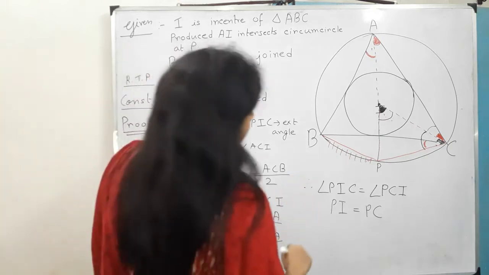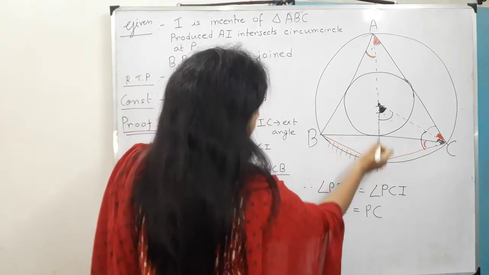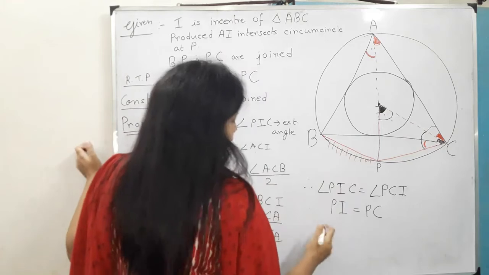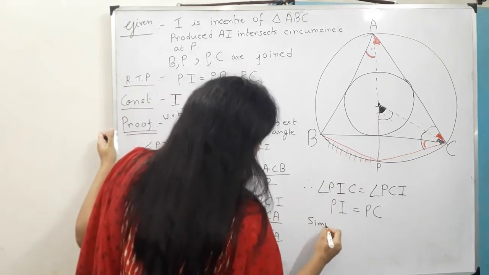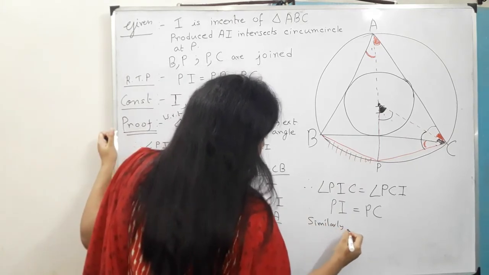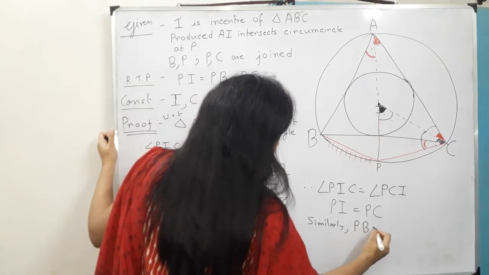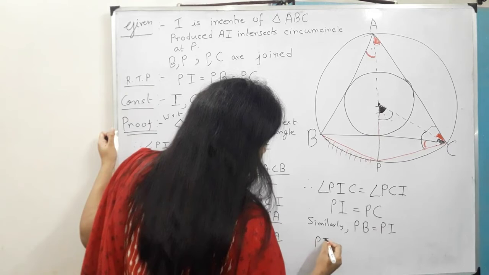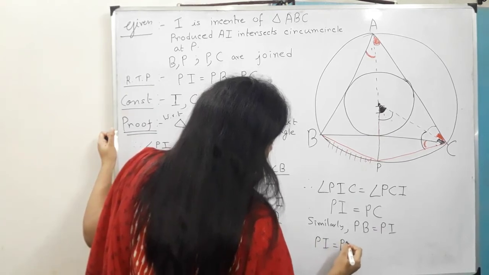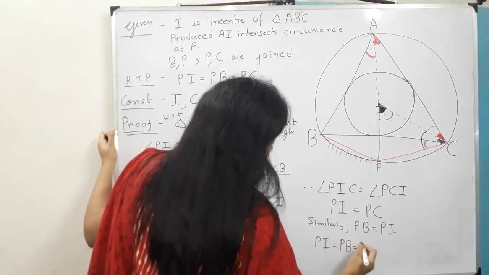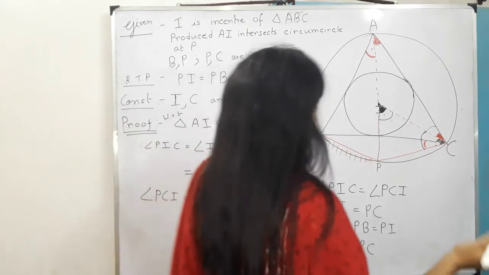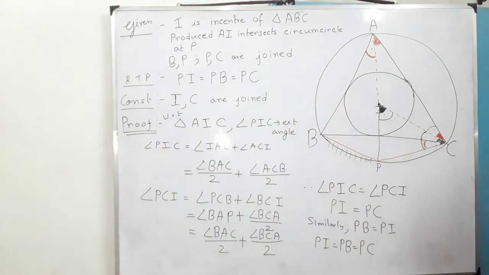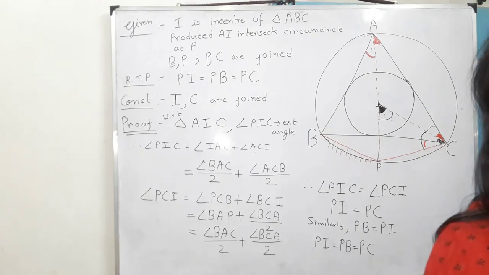Now similarly we can show that PB equals PI. Joining both, PI equals PB equals PC. Please try to understand. If you go through the steps properly, I think you can understand this one.